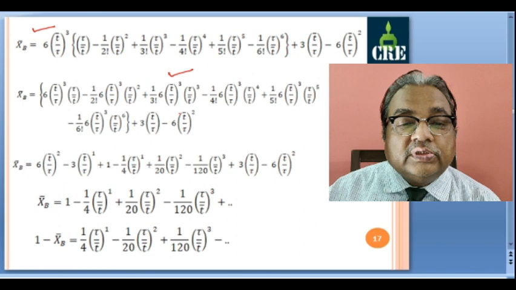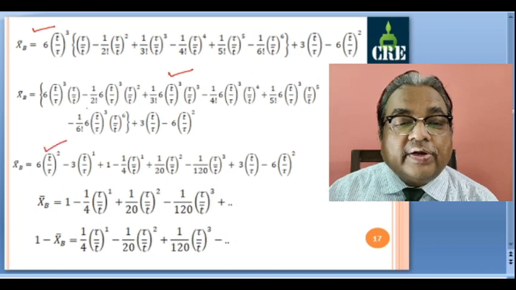So xb will be equal to the product of these terms. This is t bar by tau, tau by t bar, so this cancels out, and you get 6 into t bar by tau whole square term. 2 factorial is 2, 6 by 2 is 3, cube and square, so the index is 1, simply t bar by tau.